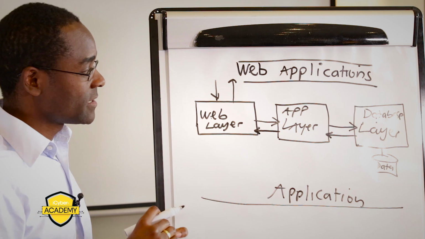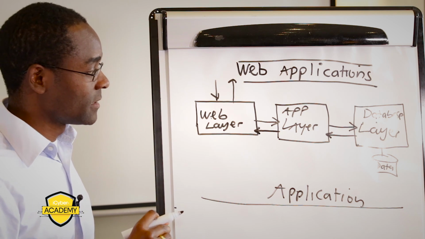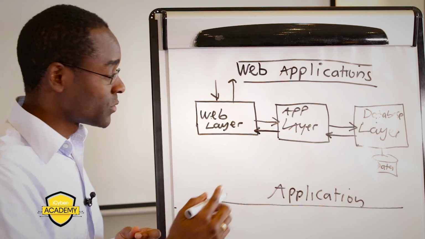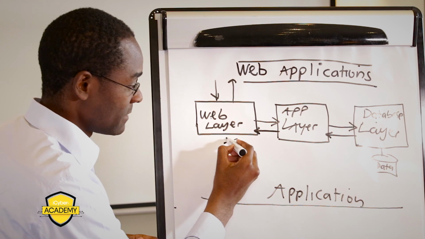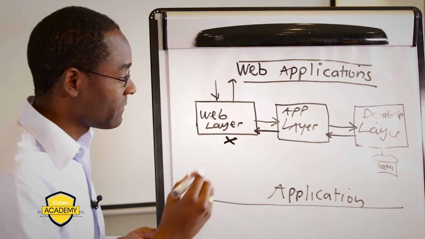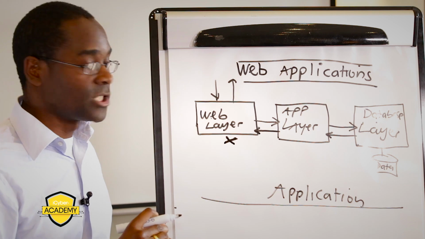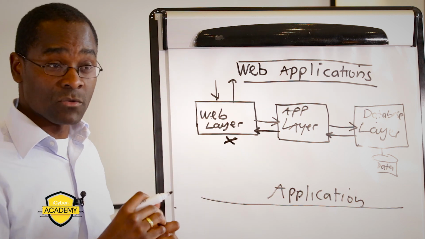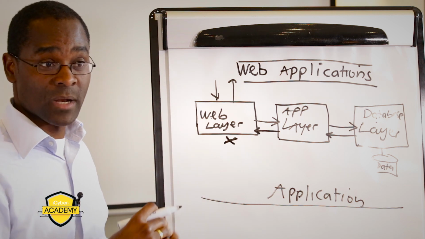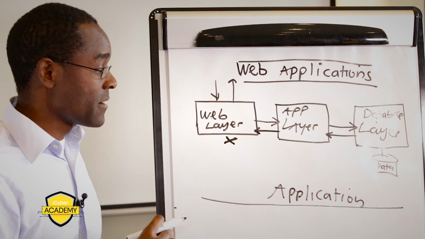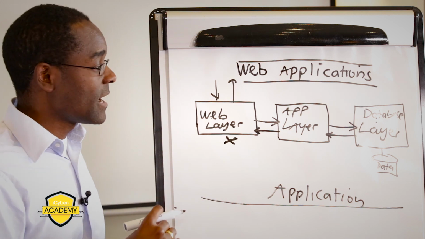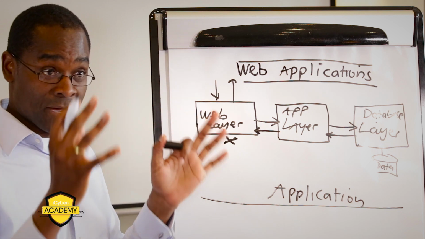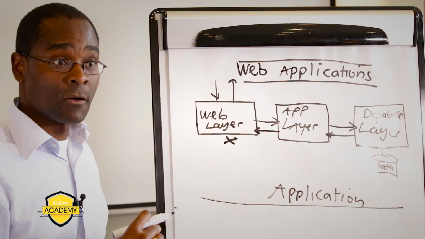Well, we have different ways to protect applications. So we can go ahead and implement controls at the web layer. So usually the web layer is to do with anything that is in charge of displaying content on a specific page. So when I say display content, I'm talking about your text, your images, and your corresponding components that make part of your look and feel of your page.